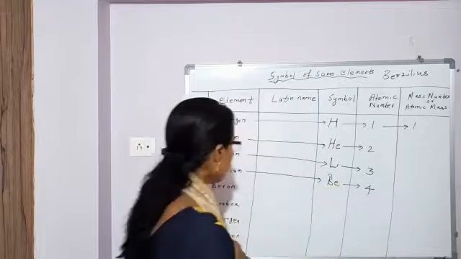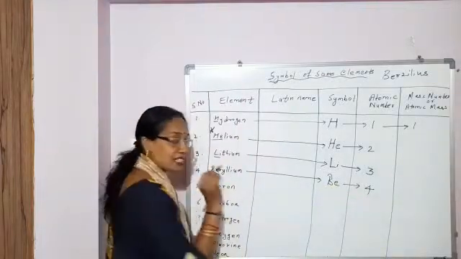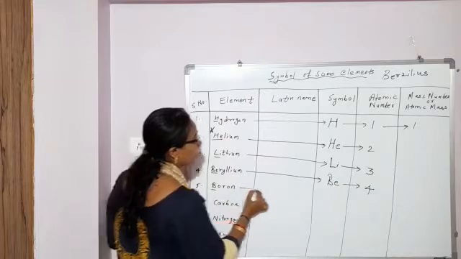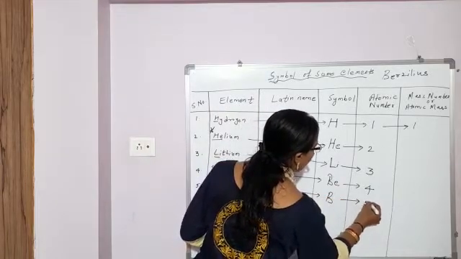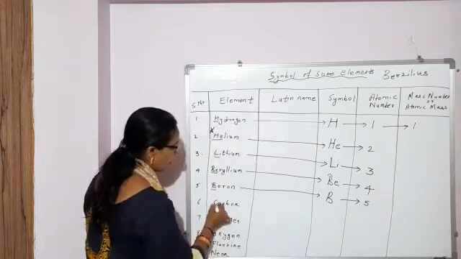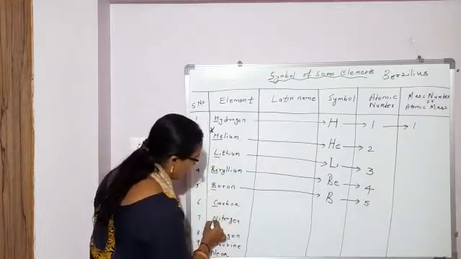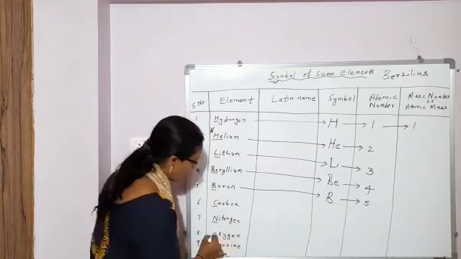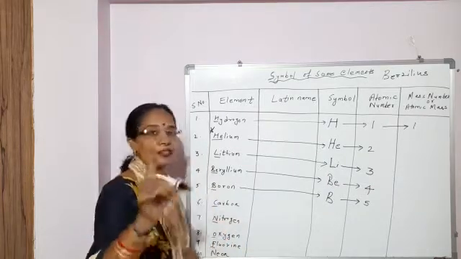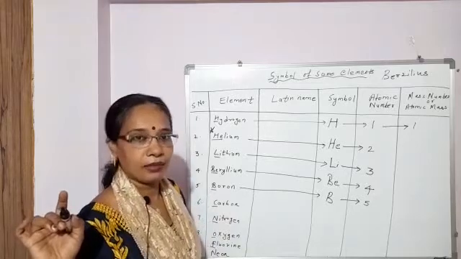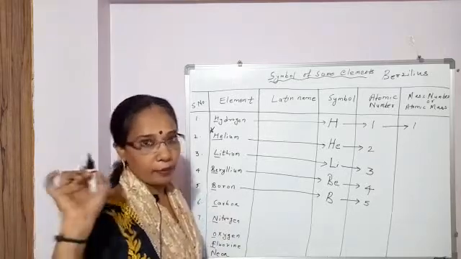Okay. Next, boron. The first letter is used for boron, capital B, and atomic number is 5. Next, carbon. First letter is used. Nitrogen. First letter is used. Oxygen. First letter is used. Fluorine. First letter is used to write the symbol, and the first letter should be capital.